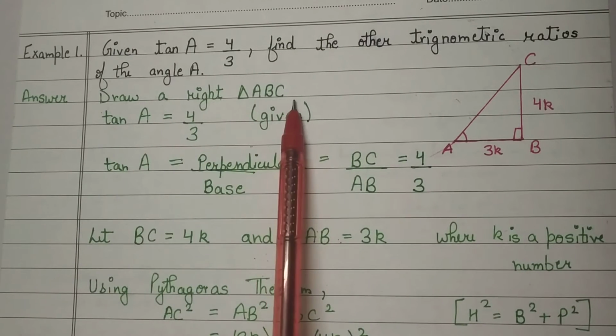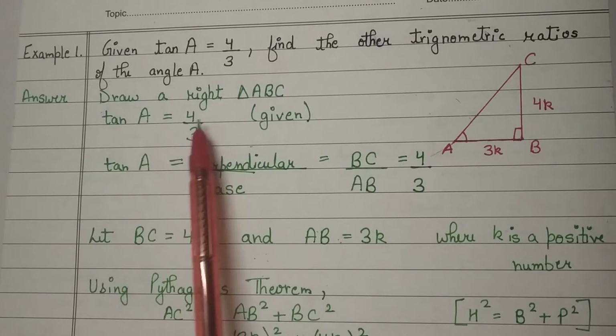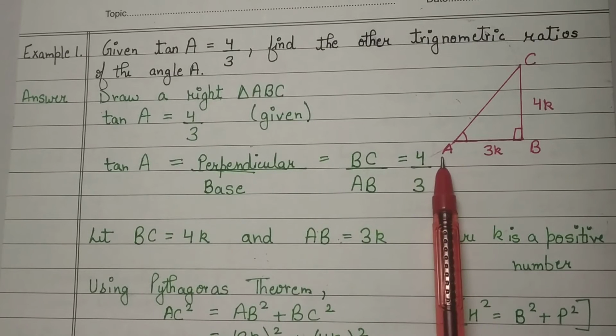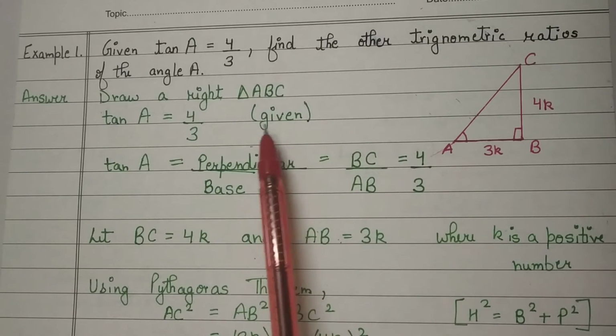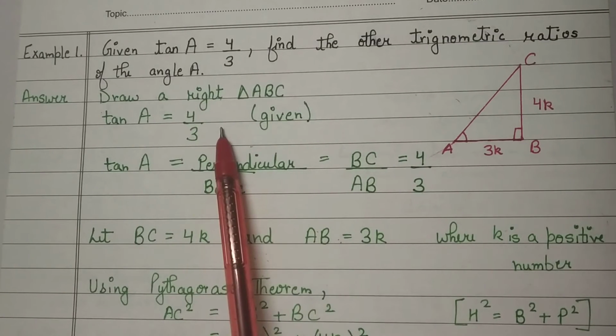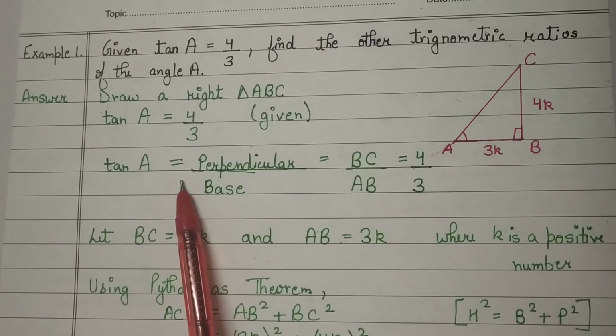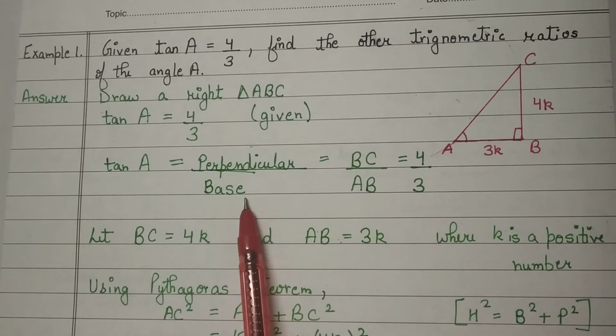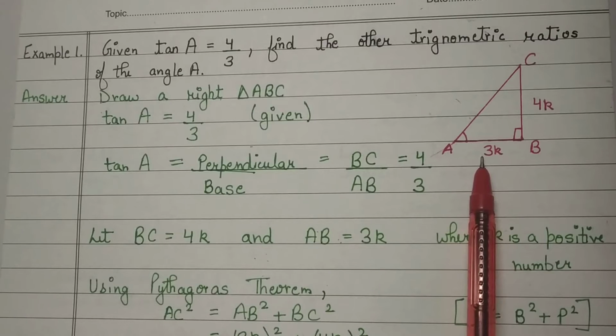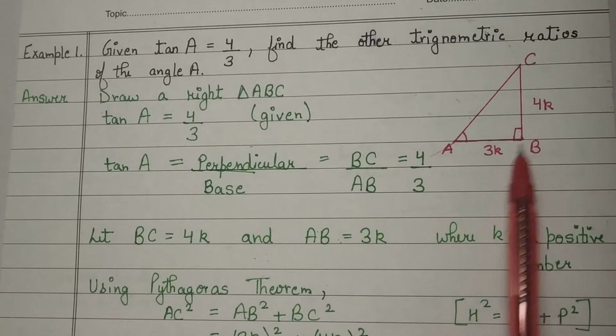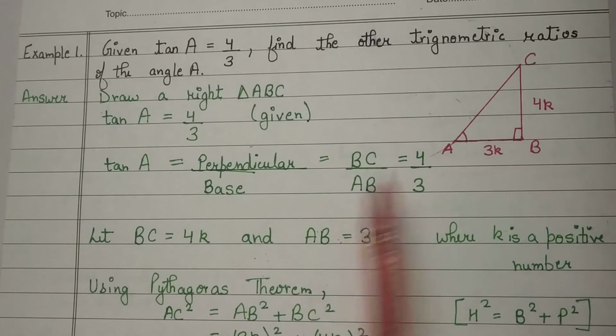Draw a right triangle ABC. Tan A is equal to 4 by 3. I have marked angle A here and this is given. Now what is tan A? The formula is perpendicular over base. Perpendicular here is BC and base here is AB.